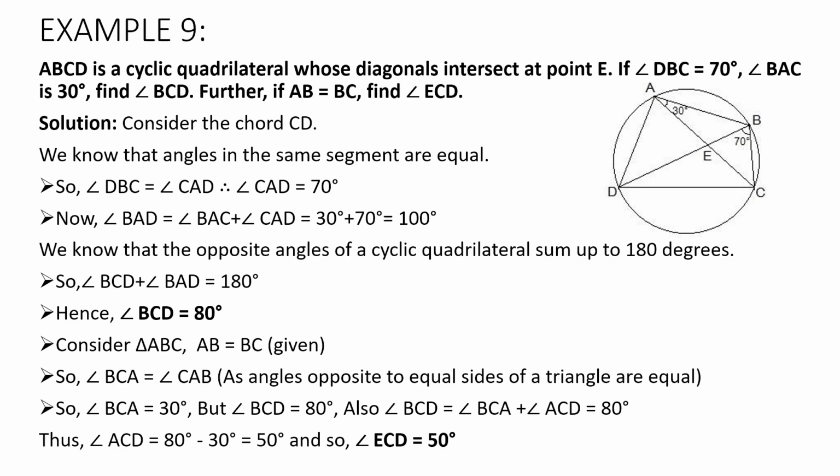But angle BCD is 80 degree. So what is angle BCD? BCA plus ACD, that is equal to 80 degree. Hence angle ACD is 80 degree minus angle BCA or minus 30 degree, which will give you 50 degree. So hence we have obtained that angle ECD is 50 degree.